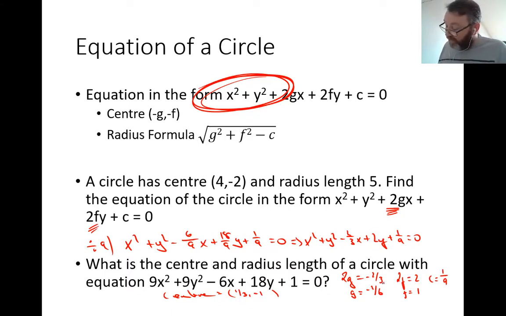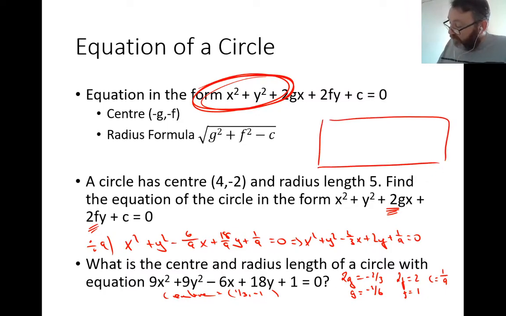And the radius length will be the square root of g squared plus f squared. Actually, I'm going to do it up here. Let me just do it up here, bit of space. Let me just take the radius up here, all right? So the radius is equal to the square root of g squared plus f squared minus c. So let's fill in the values. g squared, well, what's g?